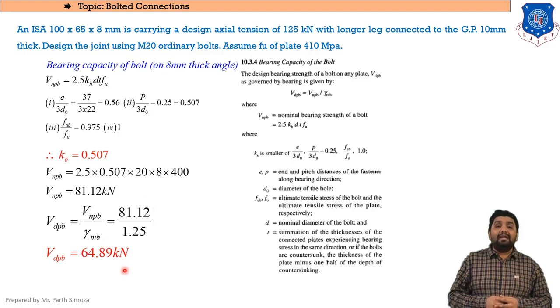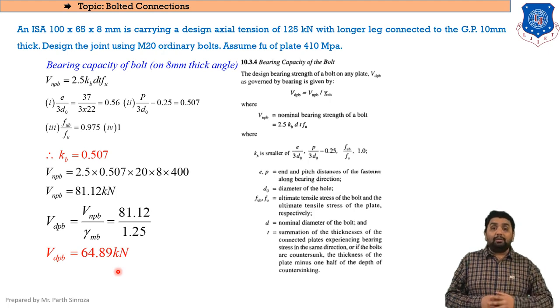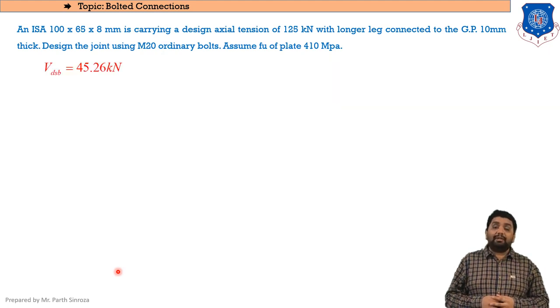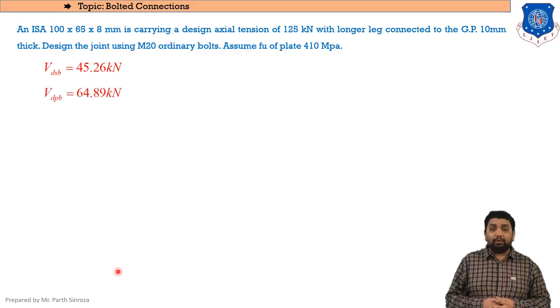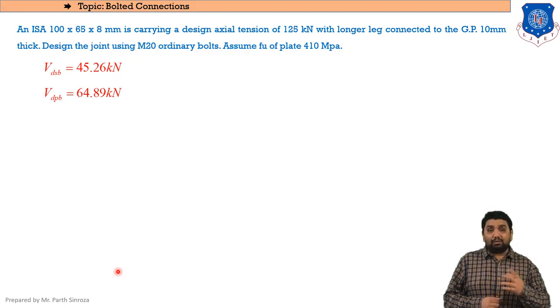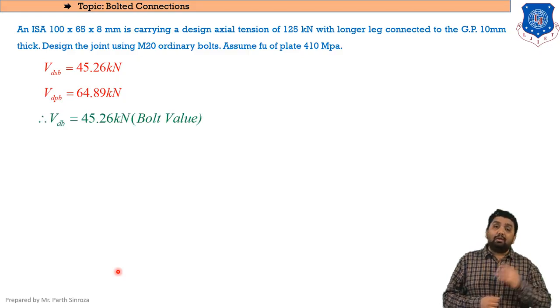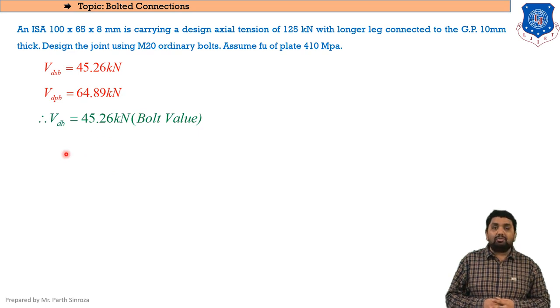So the value comes out to be 64.89 kilonewton. So again, concluding everything, the first value that we obtained was the design shear capacity, which was 45.26. The second value that we obtained was the design bearing capacity, which was 64.89. So out of these two, the smaller value will be 45.26. So this will be our bolt value VDB.